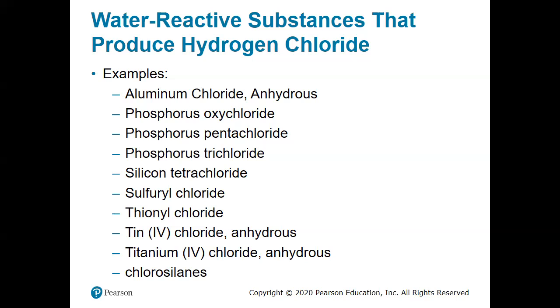And when they get that water back, we're going to see those reactions taking place. So we've got a mixture here of metallic chlorides like aluminum, tin 4, and titanium 4 chloride. And we've got a mixture of non-metallic chlorides like phosphorus oxychloride, phosphorus trichloride, and chlorosilanes, to name a few.